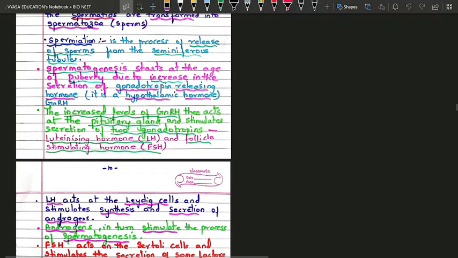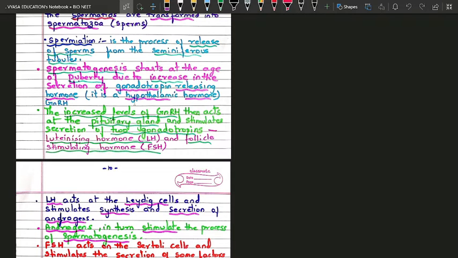The increased level of the GnRH then acts at the pituitary gland and stimulates the secretion of two gonadotropins, that is luteinizing hormone and follicle stimulating hormone. This part is very important, children. Spermatogenesis, even for board, is very, very important. You have to write: when does spermatogenesis start? It starts at the age of puberty.